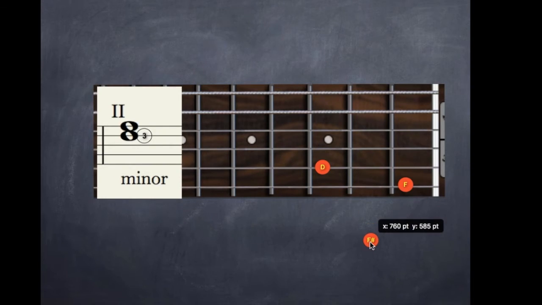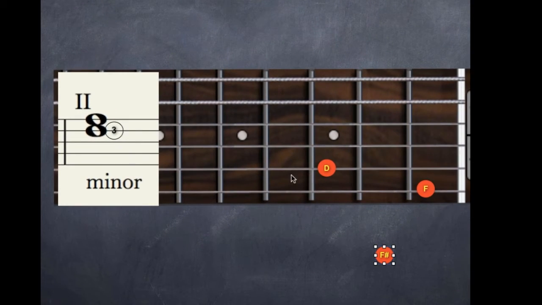Now when we go to the top 2 strings, because we've got this tuning of a 4th apart back, the minor interval D to F is now 2 frets apart.